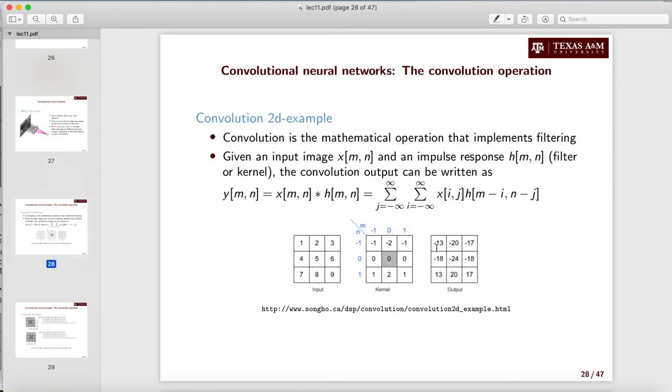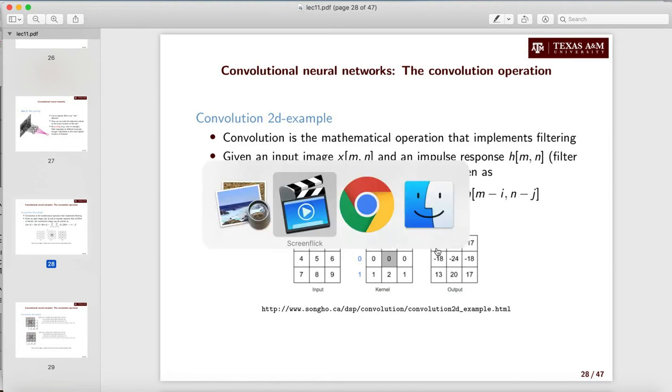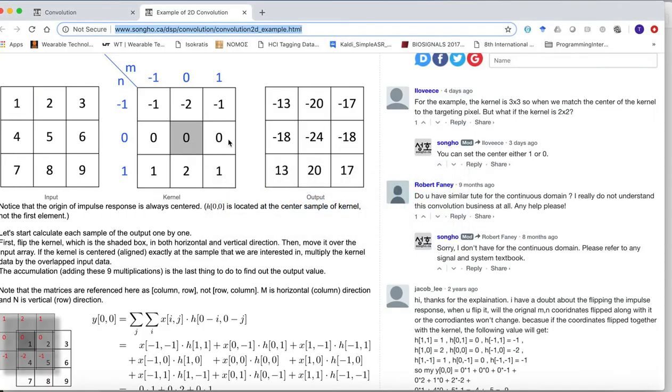So let me actually demonstrate that through an example. In this example, we have the same input image, we have this kernel, and then we are trying to get this output, which results from the convolution.